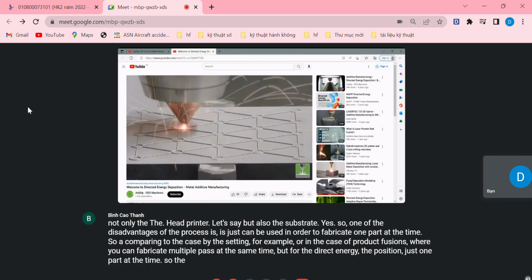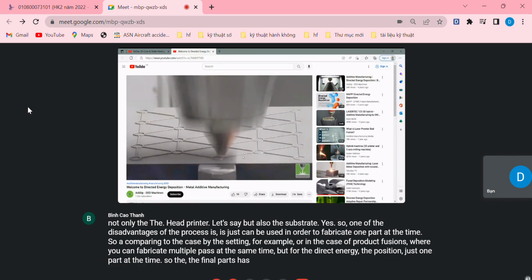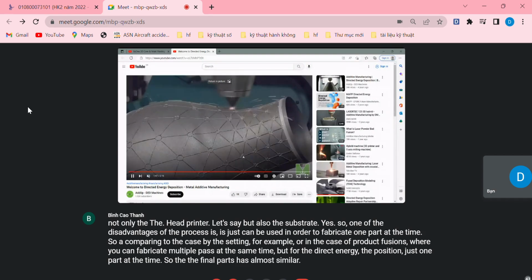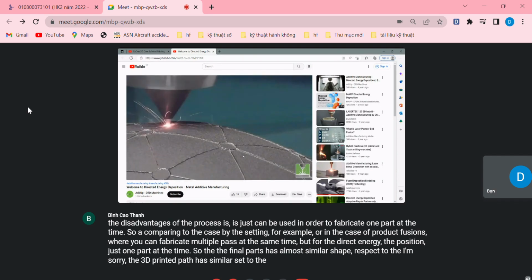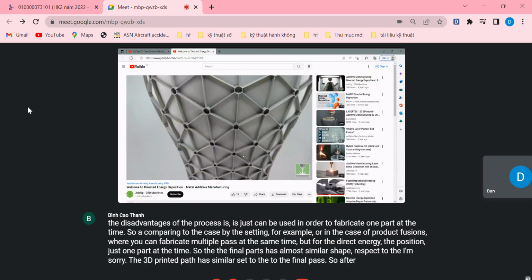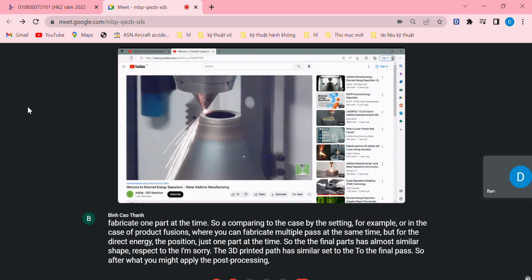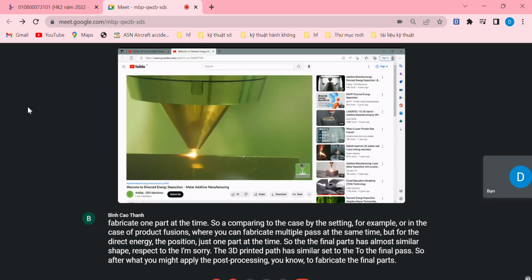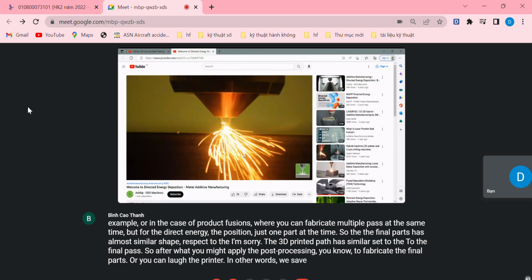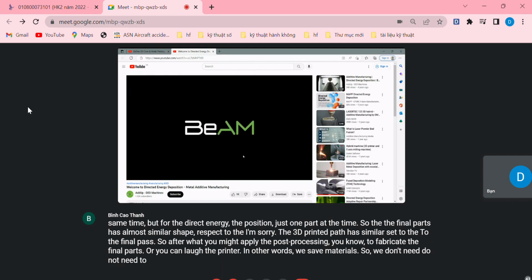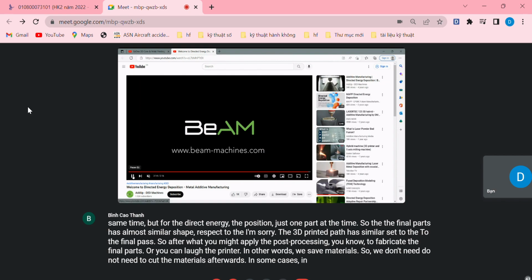The 3D printed part has a similar shape to the final part. Afterward, you may apply post-processing in order to fabricate the final part, or you can leave the printed part there. In other words, we save material, since in some cases we do not need to cut the material afterward.